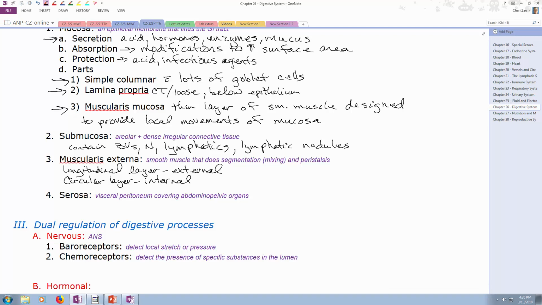There is a nerve plexus called the myenteric. So myo, which is muscle, and the O was dropped for the enteric, which is intestinal. So myenteric nerve plexus.